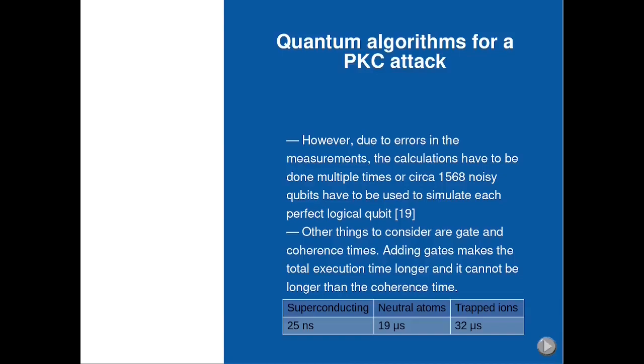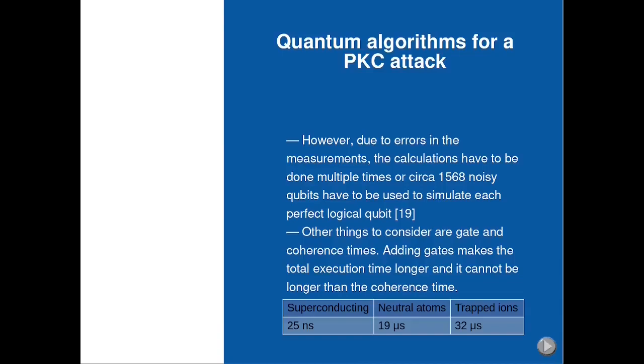And there are other things to consider, because each gate takes a little time. There is a table on the screen showing different architectures for quantum computing and the time of their gates.